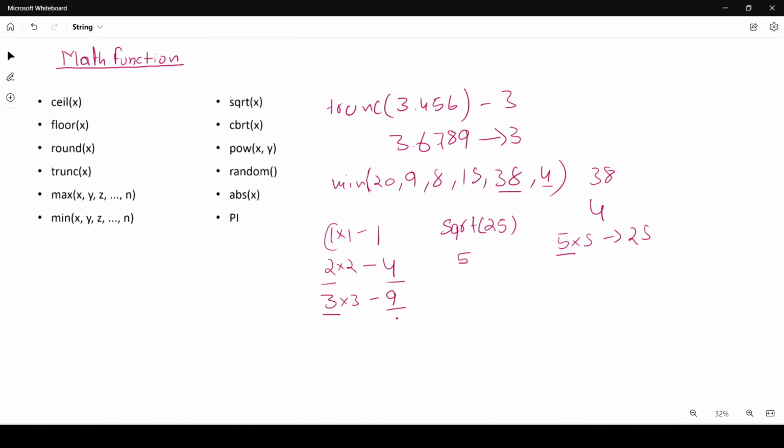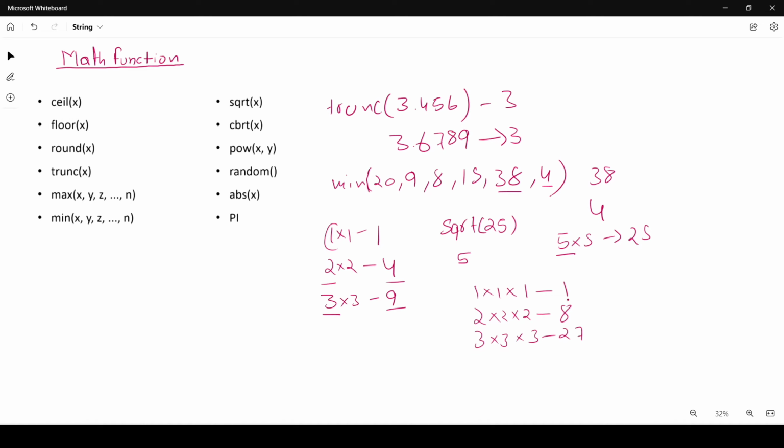Okay. Now similarly we have cube root. For that we have to know 1 into 1 into 1, the cube of 1 is 1. And then we have 2 into 2 into 2, which will give us 8. If we provide 3 into 3 into 3, it will give us 27.